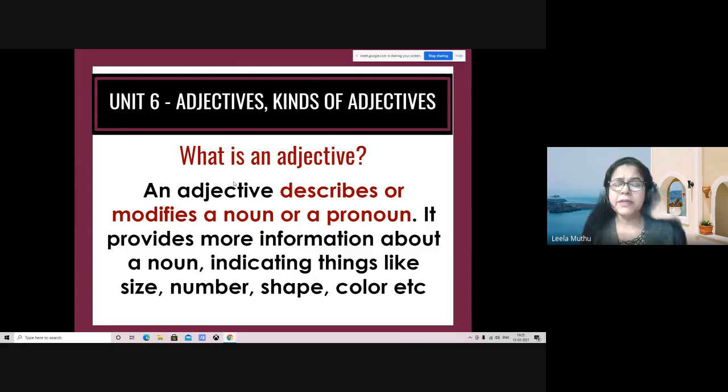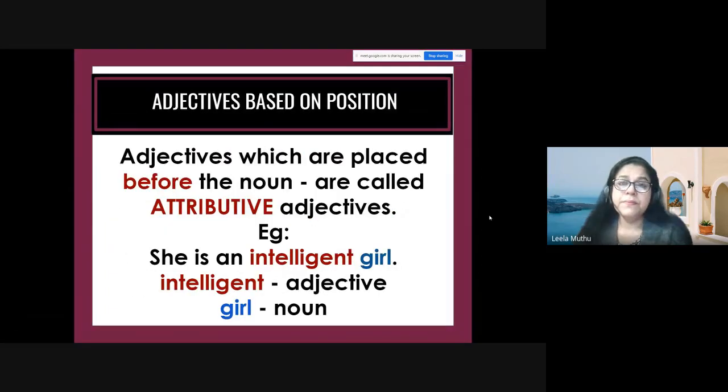Okay, and now there are so many different types of adjectives, and we're going to learn about 8 different types of adjectives. So you already know about adjectives in the attributive sense, which are used attributively, and adjectives which are used in the predicate part of the sentence.